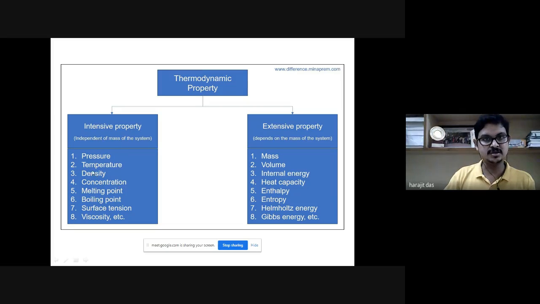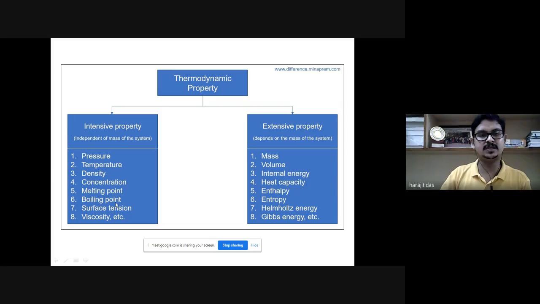Then concentration and density. Suppose salt is there in a small container, whatever the density may be, in a bucket of salt also the density may be the same. So the density doesn't depend on the mass of the system. Concentration, then melting point, boiling point.